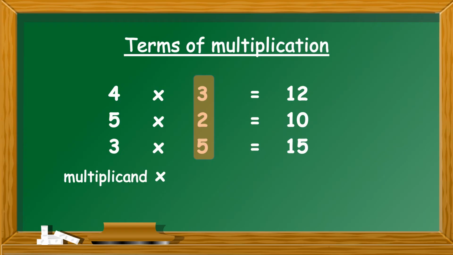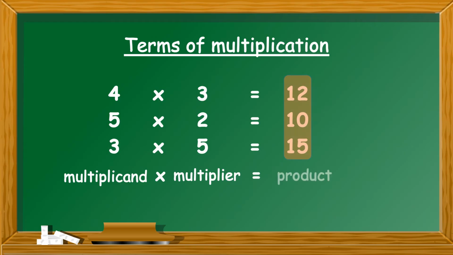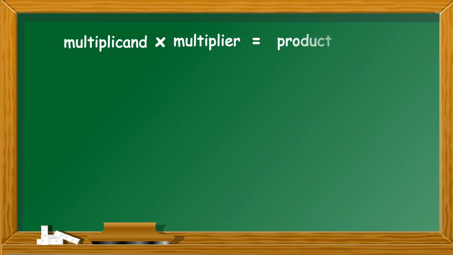The second number, which is written after the multiplication sign, is the number by which we are multiplying, and that is called multiplier. And the answer that we get after multiplication is called product.